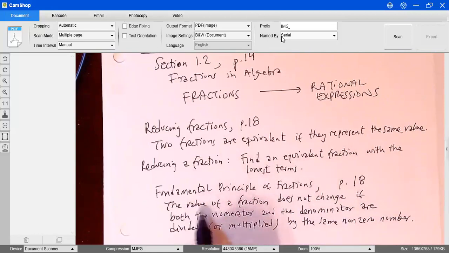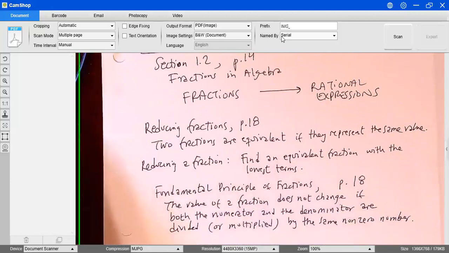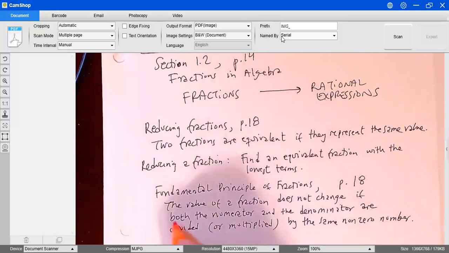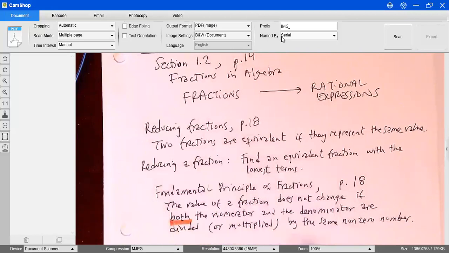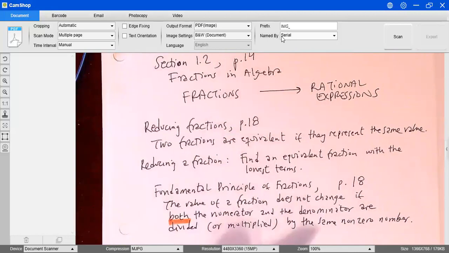So the value of a fraction does not change if both, and this is important, both the numerator and the denominator are divided or multiplied by the same non-zero value. This principle is crucial for you to do your fraction math correctly.